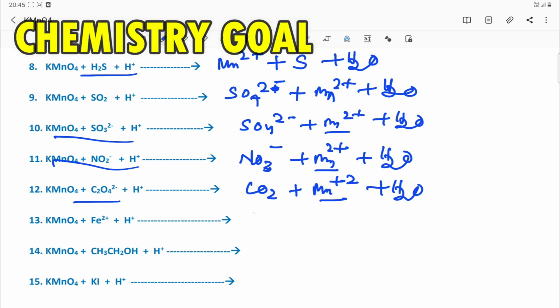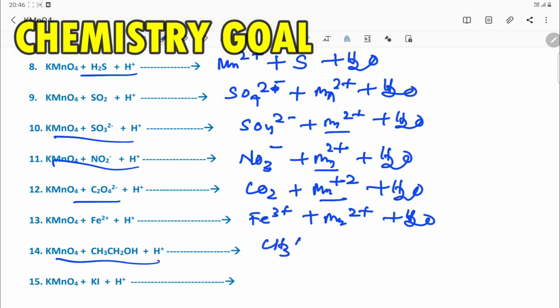Similarly, it oxidizes ferrous to ferric ion and itself is reduced to manganese ion, with water. Similarly, potassium permanganate as an oxidizing agent oxidizes alcohol to acid, ethanol to acetic acid, and itself is converted to manganese ion in acidic medium, with water.